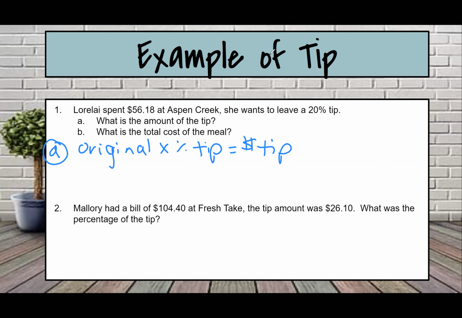The original is $56.18, and we know the percent of the tip is 20%, it says right here. You can do 20% in your calculator or do 0.20, whichever is easier. So if you did 56.18 times 20%, you will get $11.24. That is for A, and that is the actual tip amount.